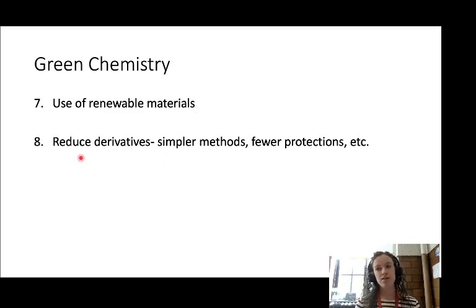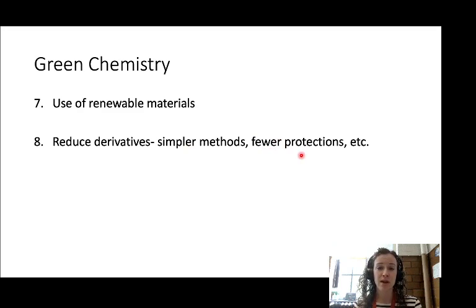Additionally, and this is not so important in our lab, but is incredibly important for synthetic organic chemists who do this for a living, reduce derivatives. If you can simplify your method, simplify your protocol with fewer intermediate steps, usually this means there's less waste. You see here, I say fewer protections.